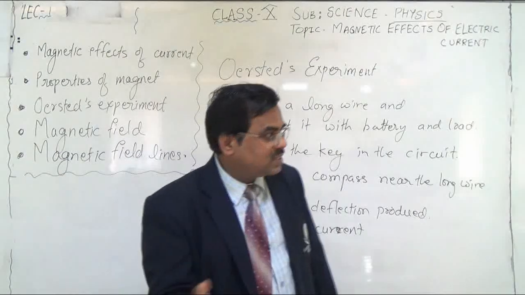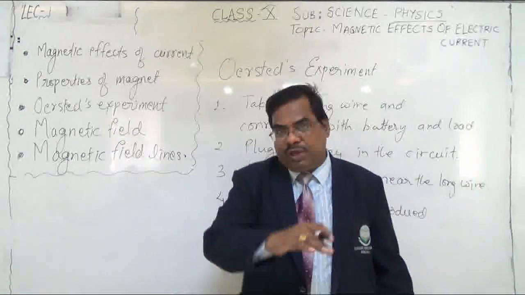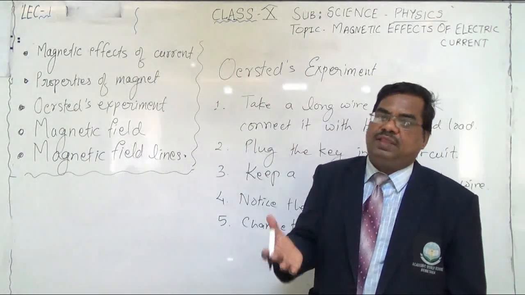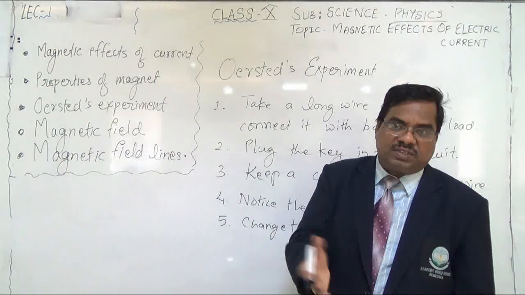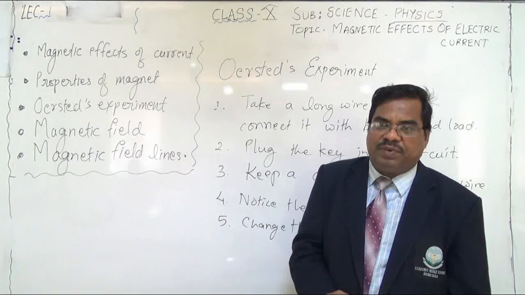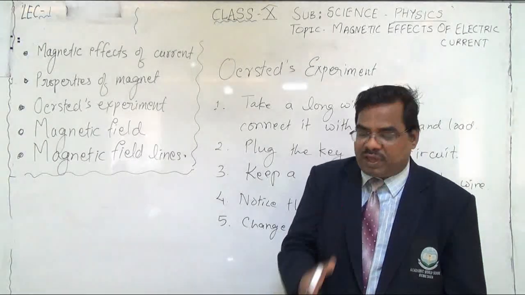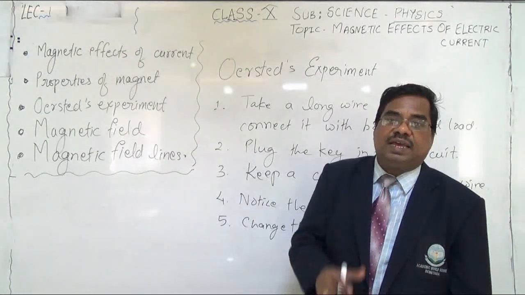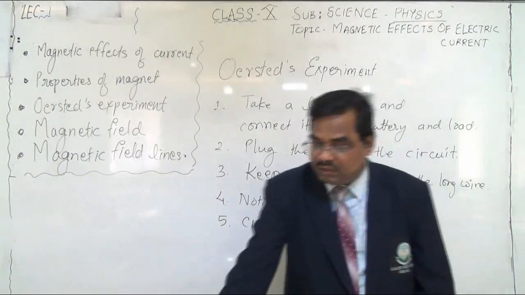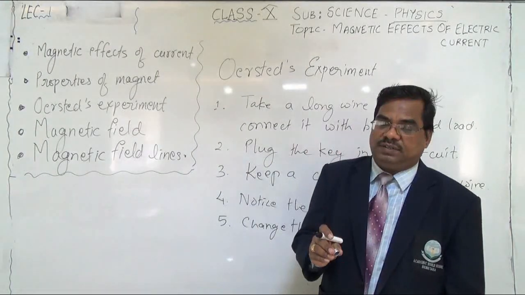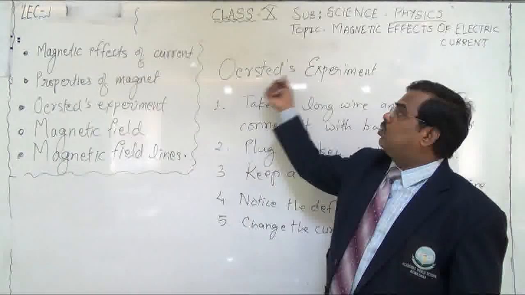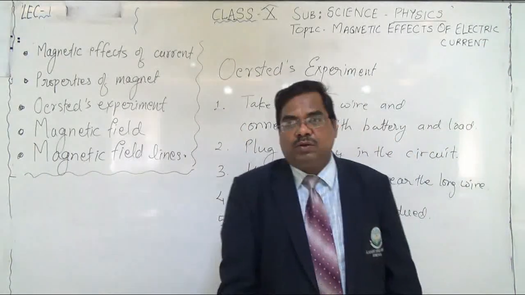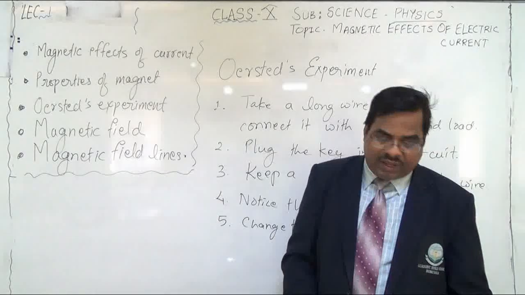When the current is going in the backward direction, the deflection will also be on the opposite side, that is the left hand side. In this way, the deflection of the magnetic compass is a result of the direction of current in it. This is known as Oersted experiment. Note it down very carefully.